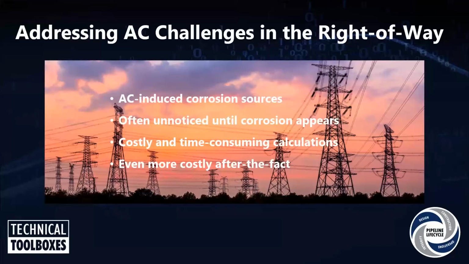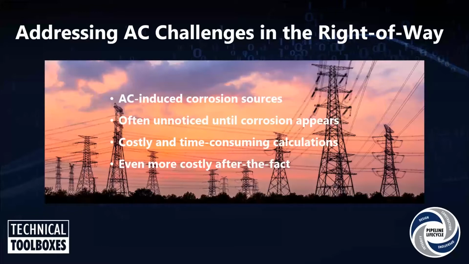So addressing the AC challenges in the right-of-way, the heart of the challenge is recognizing and modeling corrosion induced by the proximity to high voltage power lines. These power line related issues often go unnoticed until corrosion appears, and it can happen quite quickly.